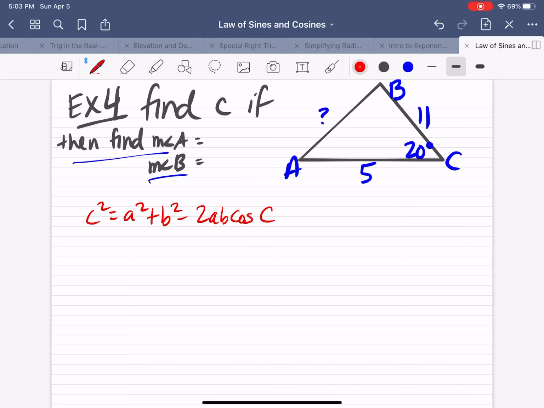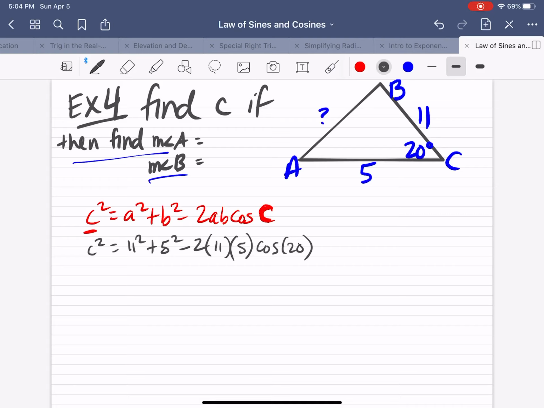Everything should be plugged in except the lowercase c. This uppercase C is for the angle. So let's substitute. We have c squared is equal to a squared, which is 11 squared, plus b squared, which is 5 squared, minus 2 times a, which is 11, times b, which is 5, times cosine of angle C, which is 20.